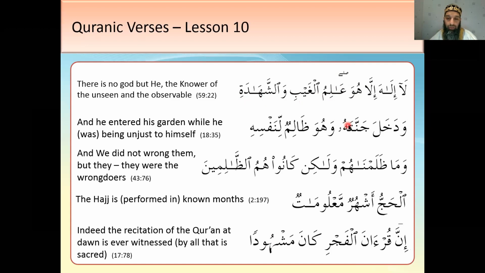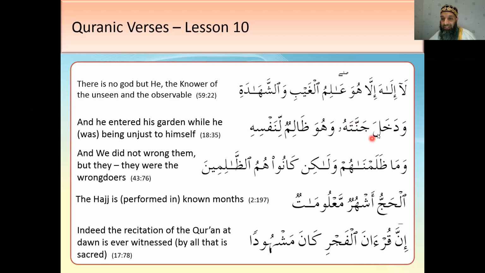Look at this one. And he entered, jannatahu, his garden. Who did the entering? We don't know, because this is not marfu, this one is mansub, jannata.